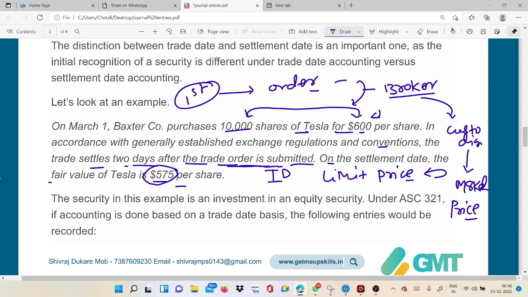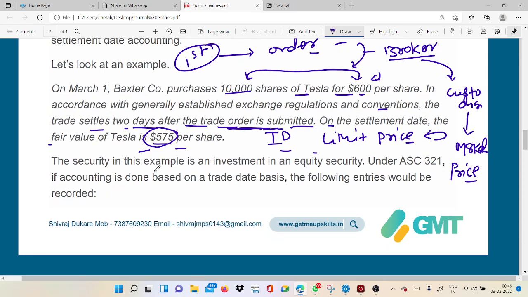If we select the market price, it may go to a higher price, and the broker or the exchanges may book the trades at a higher price. This is additional information you need to know. The security in this example is an investment in equity.